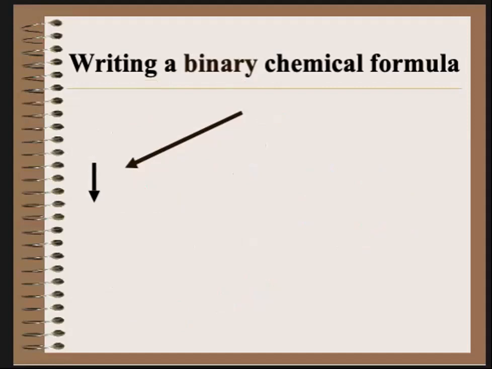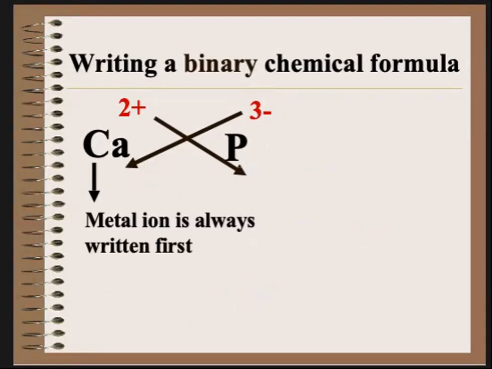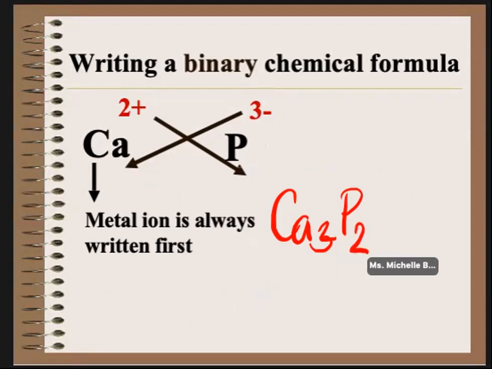Okay, here, sorry for the arrow, we have calcium, positive 2, phosphorus, 3 negative, right? It belongs to group 5A or group 15. Then we crisscross, the metal ion is written first. So we have Ca3P2.